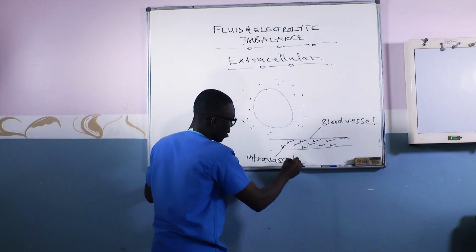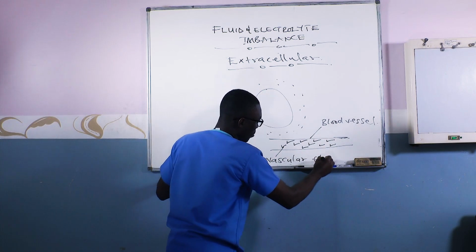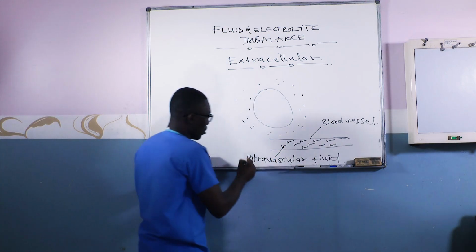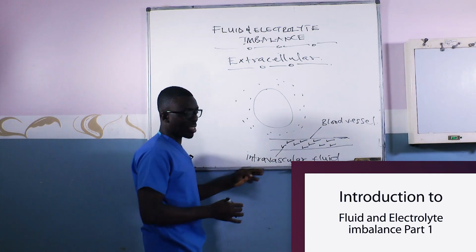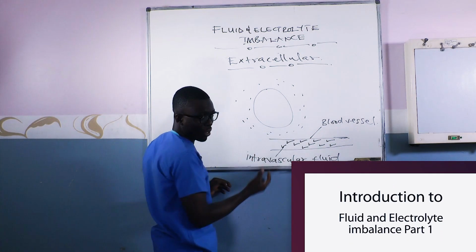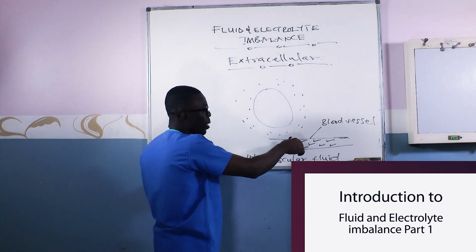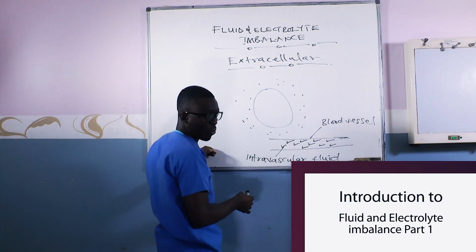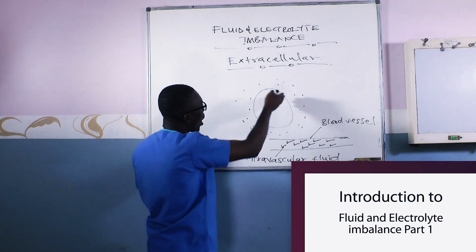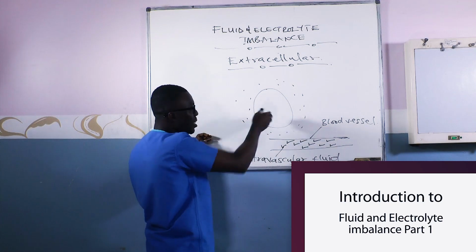The word intra means inside, and the word vascular means a blood vessel. So the fluid within the blood vessel is known as intravascular fluid, and this fluid is also outside the cell. It is not inside the cell.